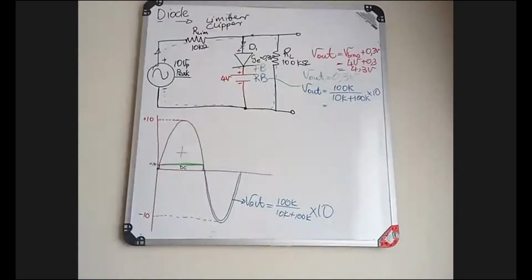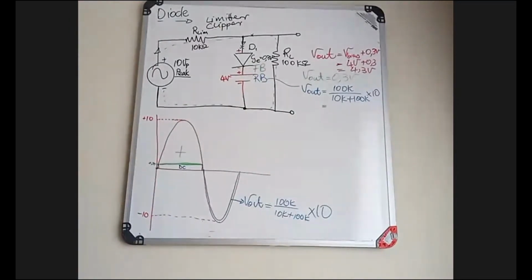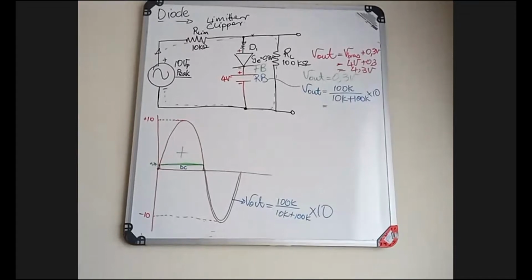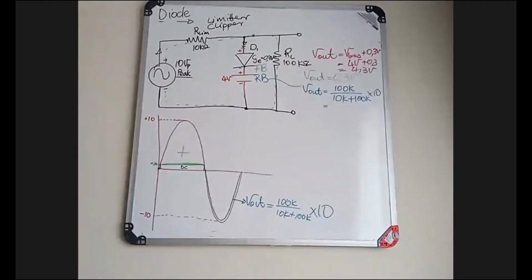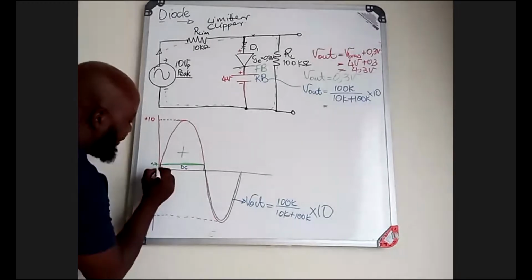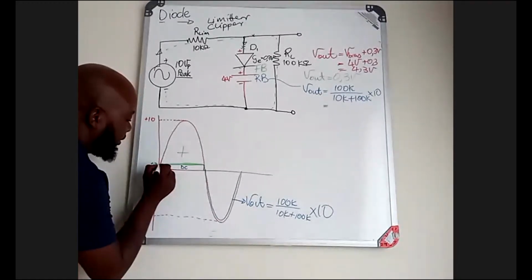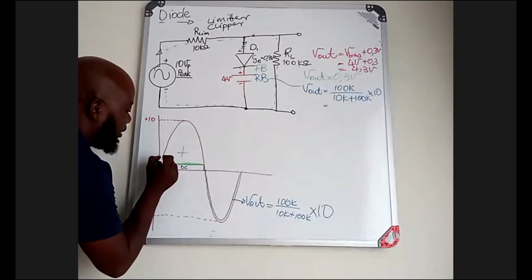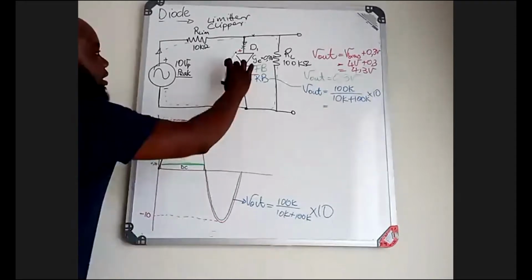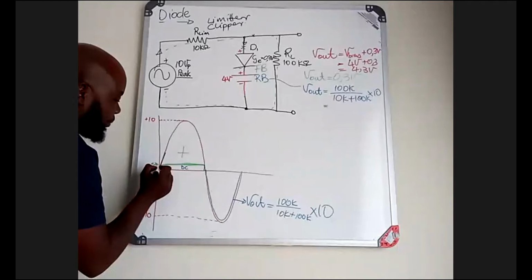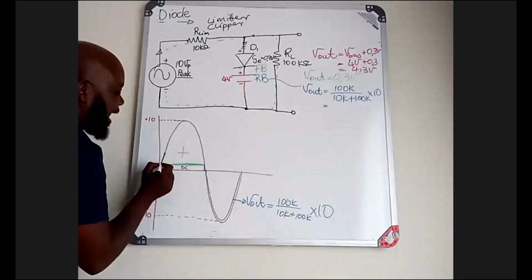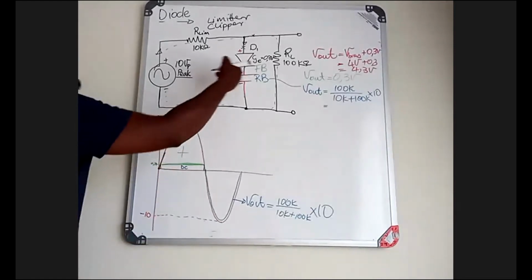When the output is measured, based on your graphical analysis of these, you will see that during switching on, up until this voltage is measured, it's going to be 0.3 plus 4 volts, which will be 4.3.